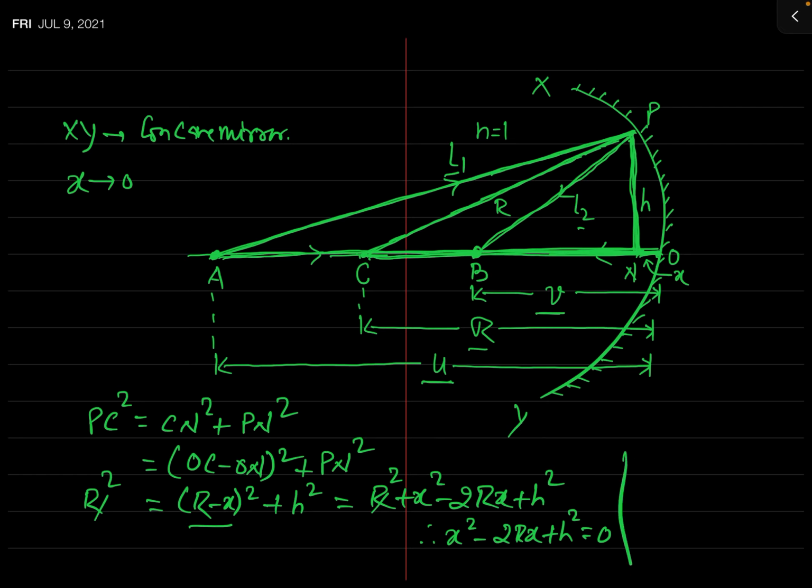And you can see that this may be written as X square plus H square is equal to 2Rx. So let us say this is equation A. I have written a separate equation number for this. Actually, we will need this equation for finding the value of L1 and L2.